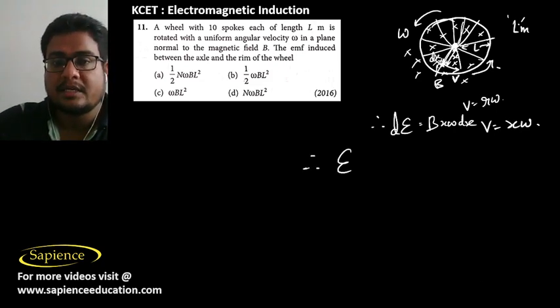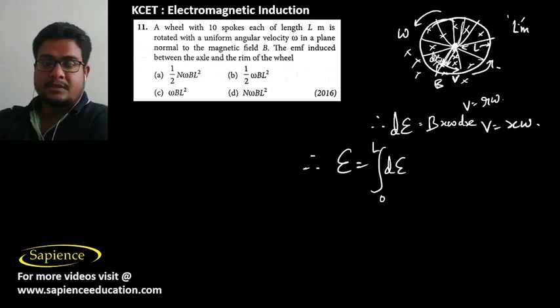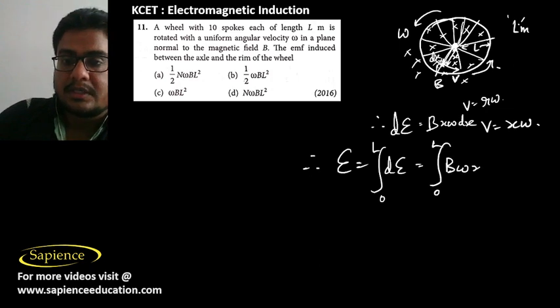Therefore, the net EMF that is induced in between the axle and the rim will be equal to integral dE, which will go from 0 to L. This will be equal to integral from 0 to L of B omega x dx.